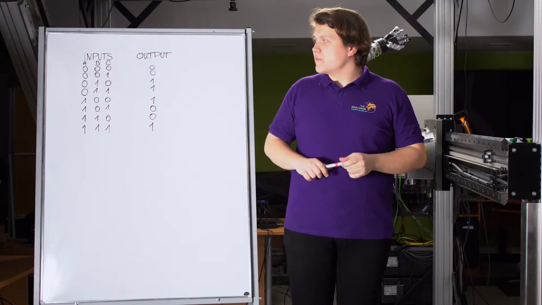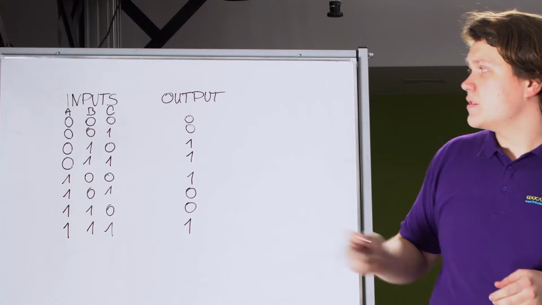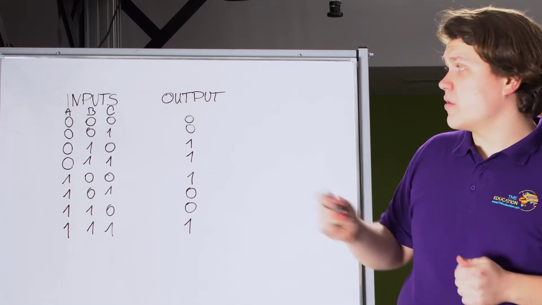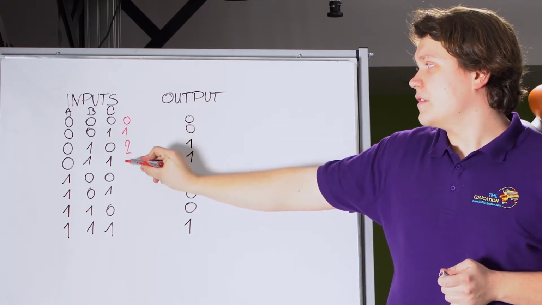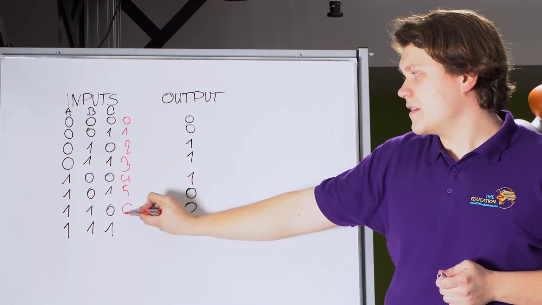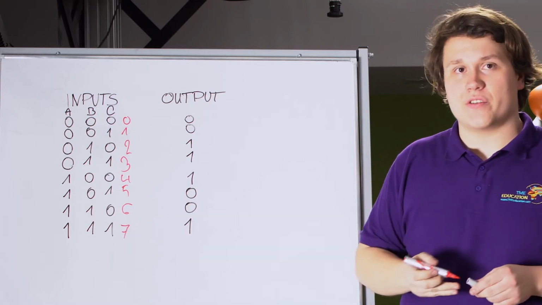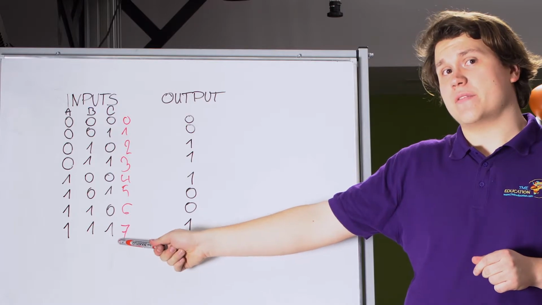Now we can convert the value of inputs into normal numbers. So this means the 0 combination. This is the first, the second, the third, the fourth, the fifth, the sixth, and the 7th combination. 7th means the binary number of this is equal to 7.